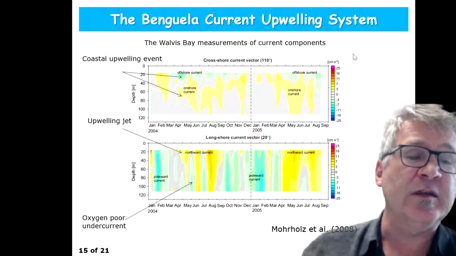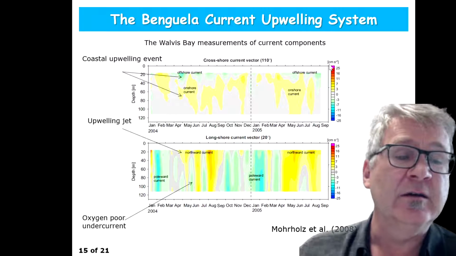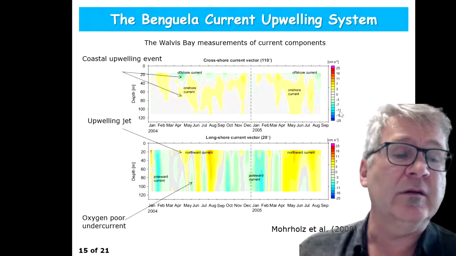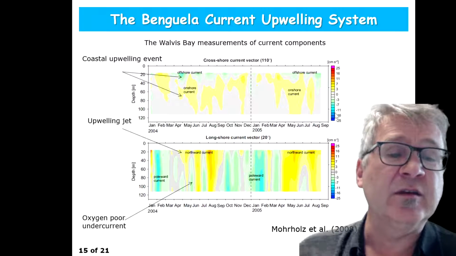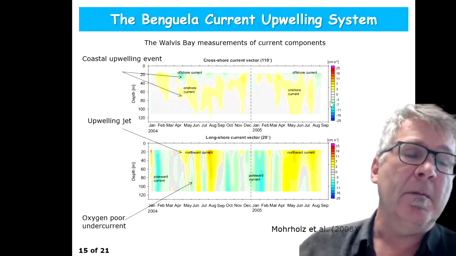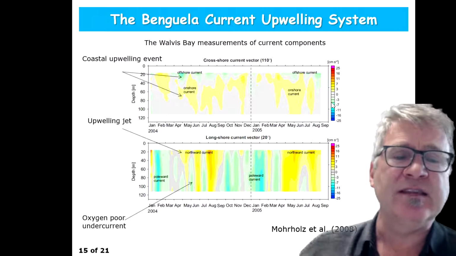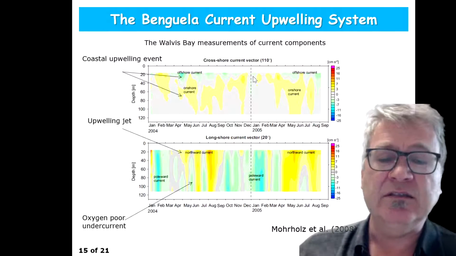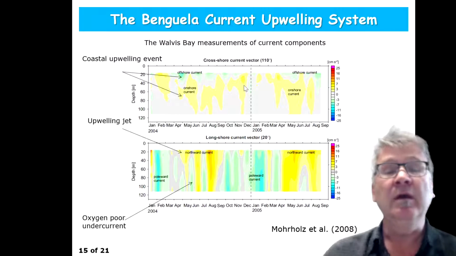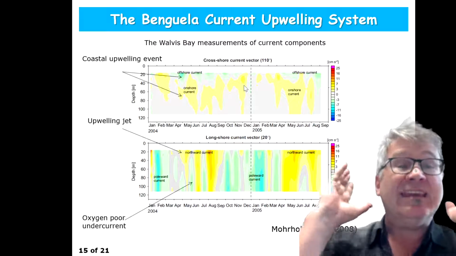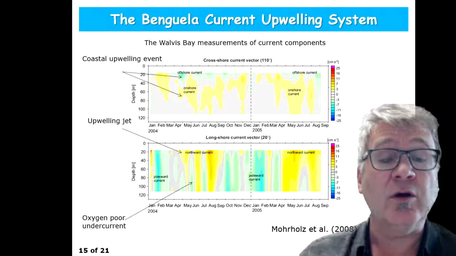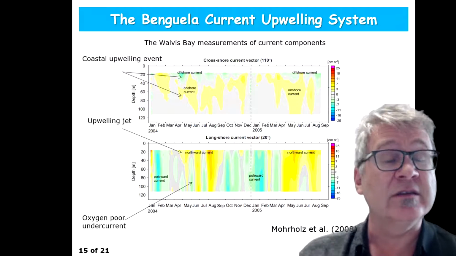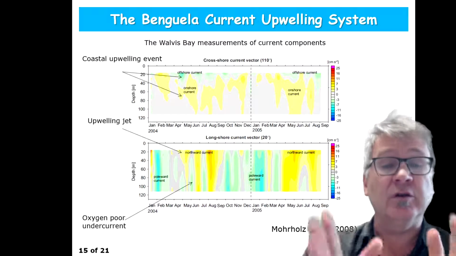Okay, and in terms of speed, you can see that there are fairly weak speeds associated with that. Something like maybe 5 centimeters per second offshore current, and onshore current might be similar. You can also look at the alongshore currents, and this is the alongshore.